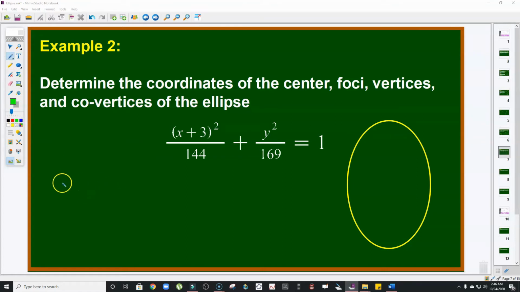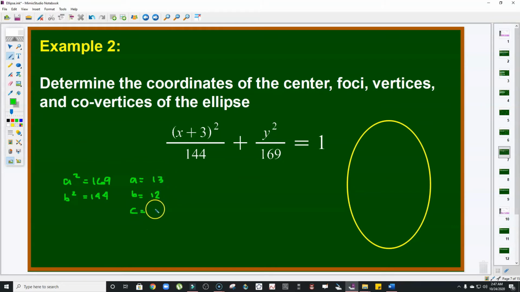Now, here, again, our a squared is 169. Alright? While our b squared is 144. And getting the square root of both, I'll have a equals 13. My b is 12, since the square root of 144 is 12.